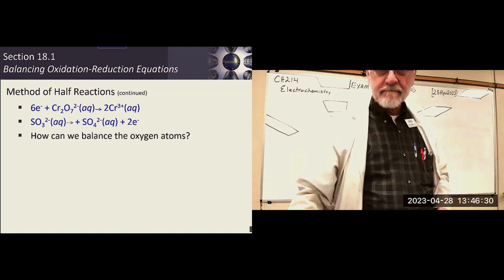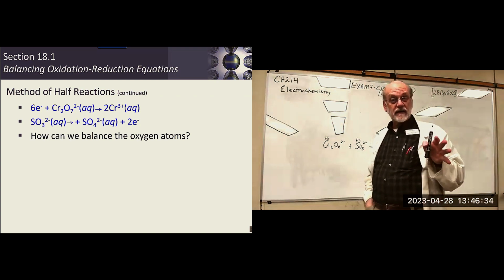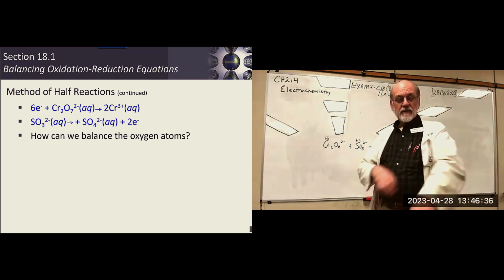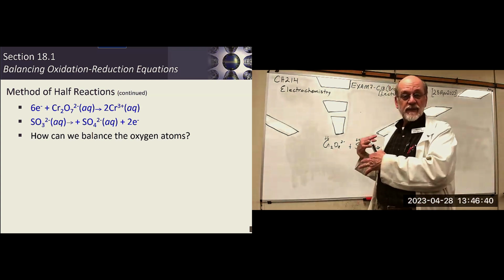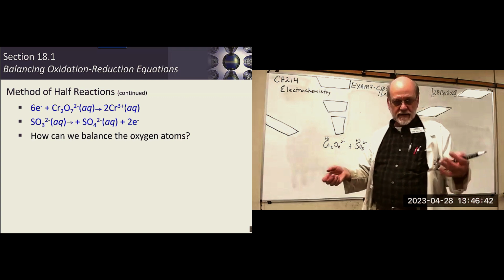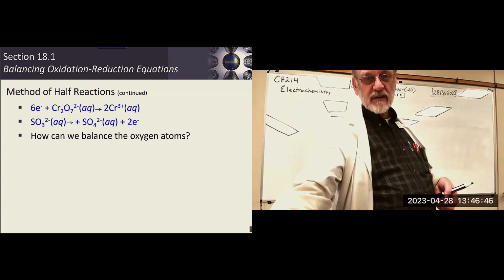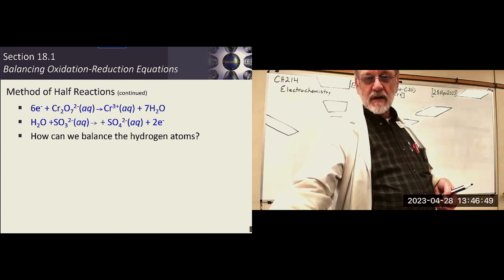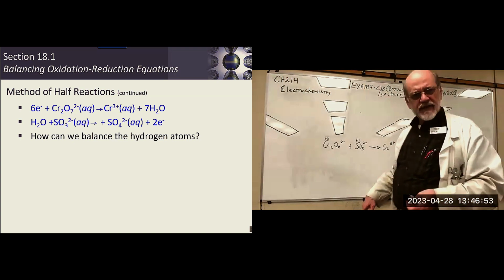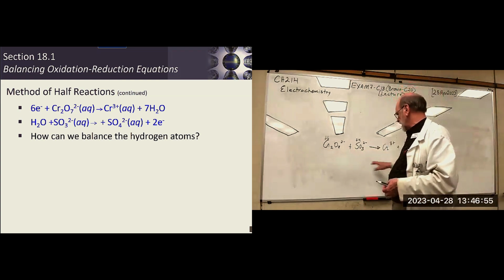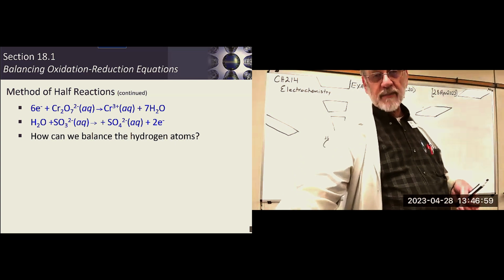Right? This one is going ahead and using the electrons first, which is fine. That works because hydrogens and water are not involved in the oxidation reduction step anyway, so we can add them later. So you can do that in either order that's convenient. Then we need to balance the chromiums, right? That's going to need 2.